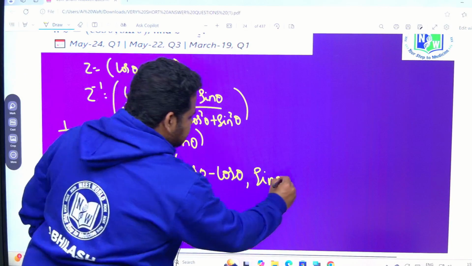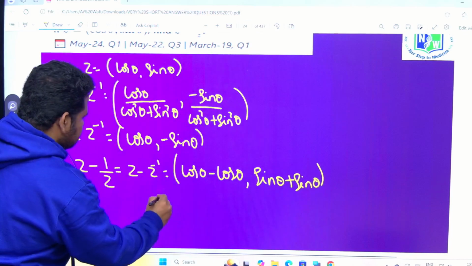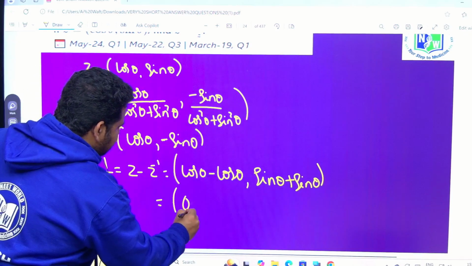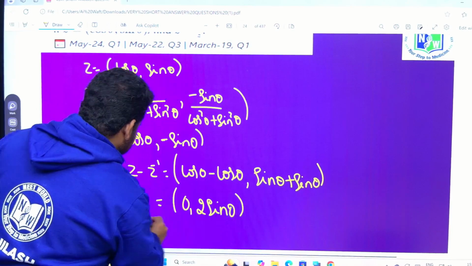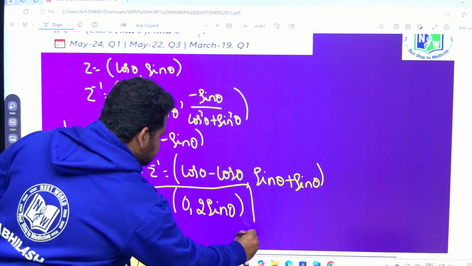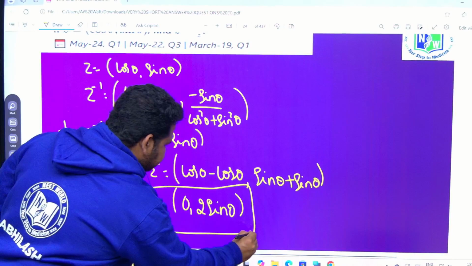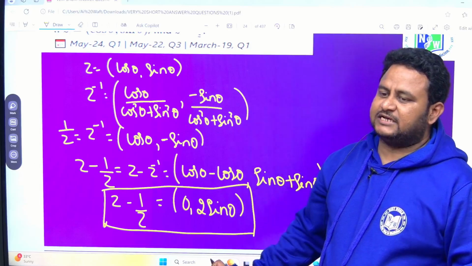So, minus and minus will become plus. So, this will become equal to (0, 2 sin theta). Z minus 1 by z will be equal to (0, 2 sin theta).